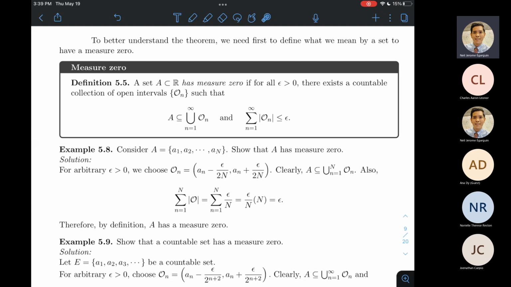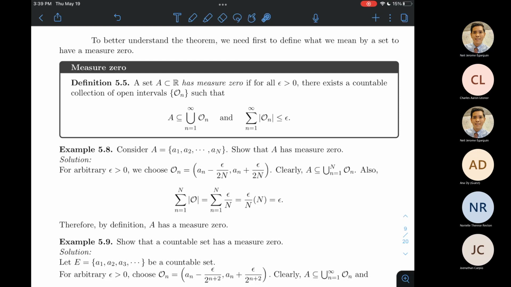So kung meron kang set A, isipin mo na lang tinatakpan mo yung set A ng mga open intervals. Kung hindi mo na makikita si set A kasi natapalan na silang lahat ng mga open intervals, we say that A is covered by the collection of open intervals.